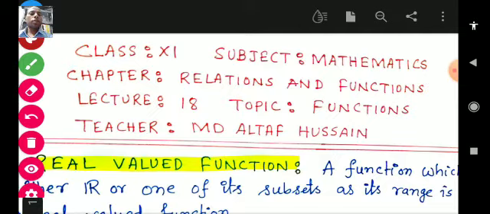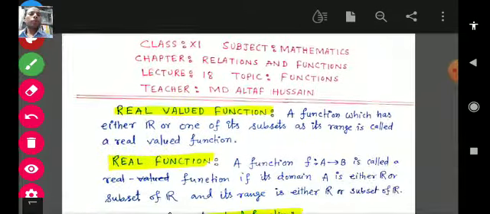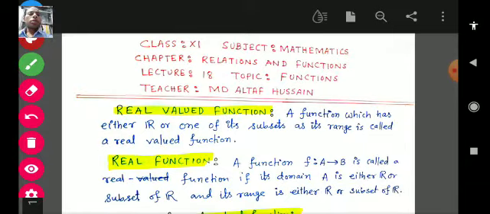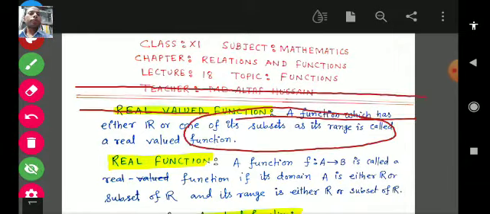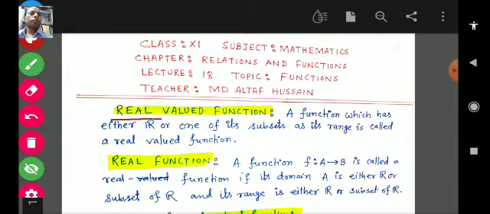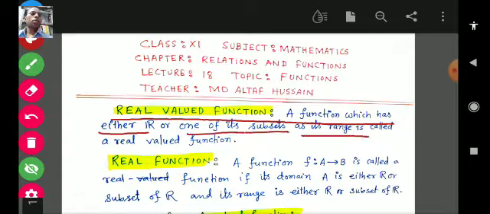We will see first what is a real valued function. A function which has either the real numbers or one of its subsets as its range is called a real valued function.